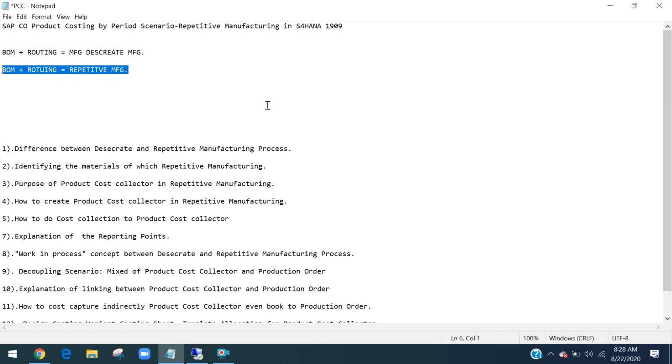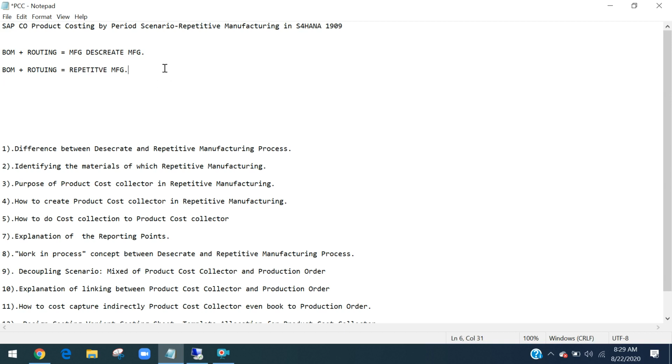In pharmaceuticals, at the lower level, the clubbing of all machining activity is the same. Then outer packing, bulk packing, 10 tablets packing, 20 tablets packing, 100 tablets packing: the design is different. At that time they go for discrete manufacturing, and at the inner level they go for repetitive manufacturing process.